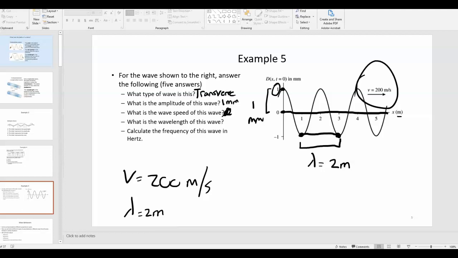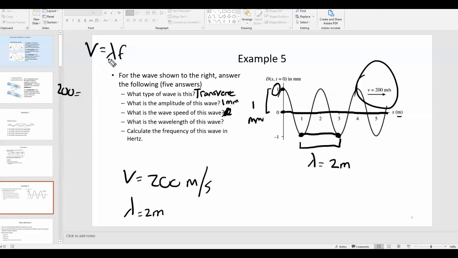And then finally, the last question says calculate the frequency of this wave in hertz. And so for this question, you have to use the wave equation. Just to refresh your memory, V equals lambda times F. So try to use that equation and enter example 5, the last part of example 5, on your own. Okay, so this is a simple substitution. V is 200.